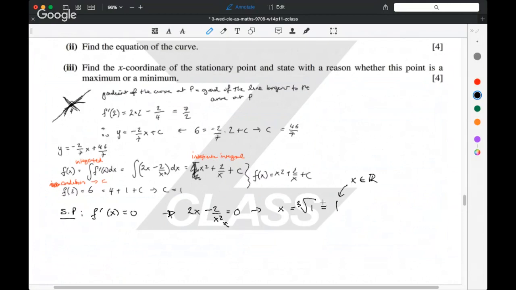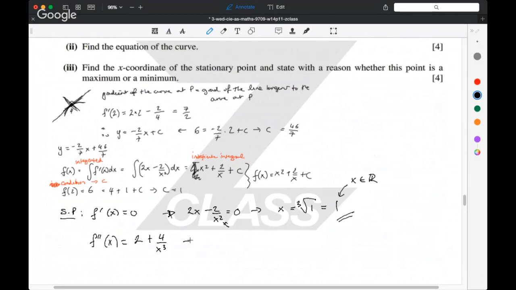So this is the x-coordinate of the stationary point, but we want to find out what kind of stationary point it is. For this, we need f prime prime, and f prime prime is just 2 plus 4 over x cubed, if you differentiate that.